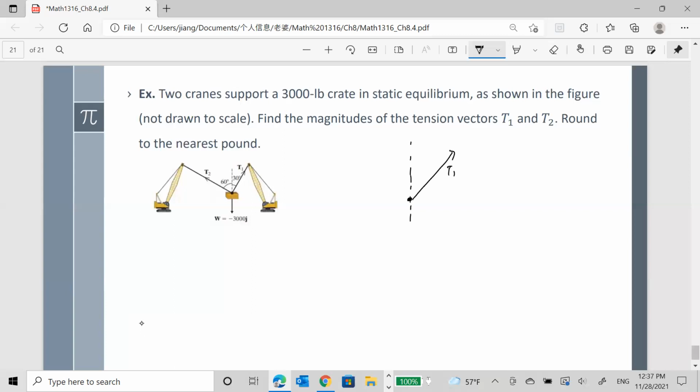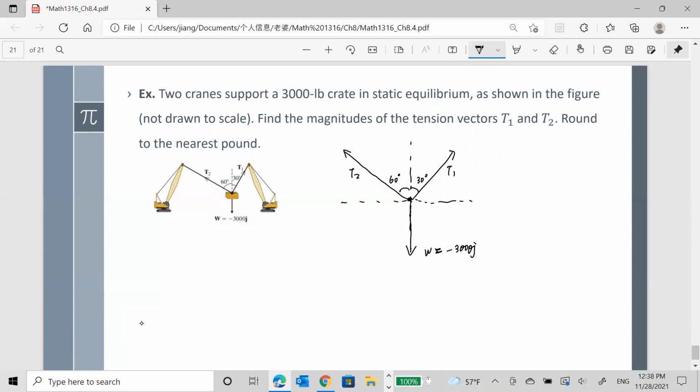And then let's draw the vertical line and horizontal line. Another one is T2. And all the angles are given, 30 degrees and 60 degrees. And another force is going down, W equals negative 3,000 J, because it's pointing down.